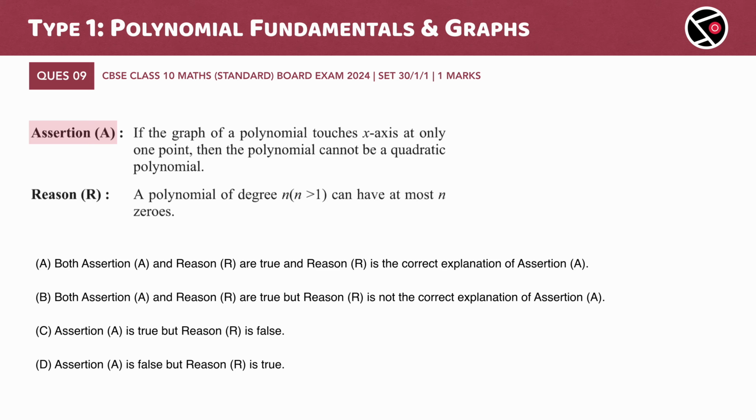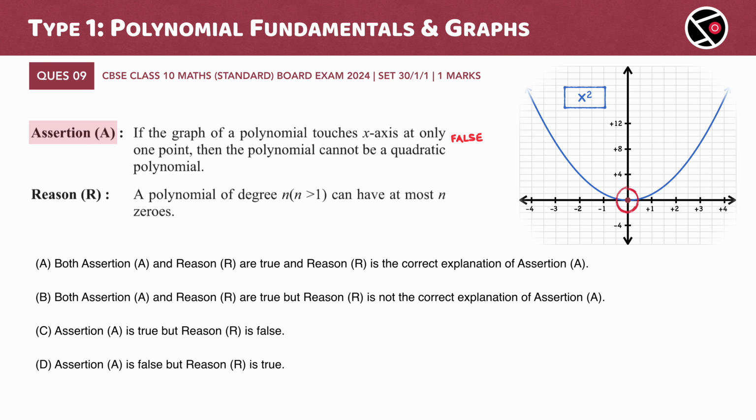This statement is false. A quadratic polynomial can have 0, 1, or 2 zeros. So a graph touching the x-axis at one point can still be a quadratic polynomial. Here is an example. A quadratic polynomial with just 1 zero.